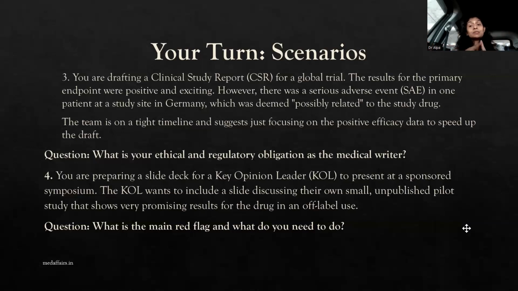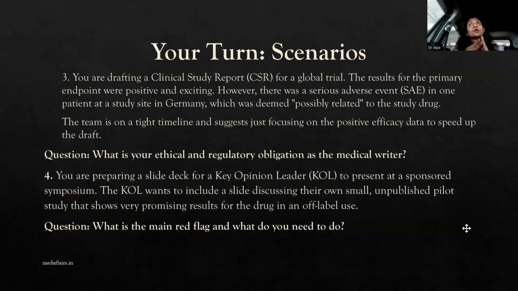Simple. Here there are two red flags. One, off-label use, because the government regulatory bodies have not yet approved that particular drug for this particular off-label use. And the second red flag would be it is unpublished, so it is not in your reference resources, so it can't be referenced.